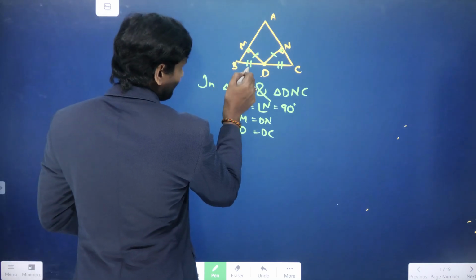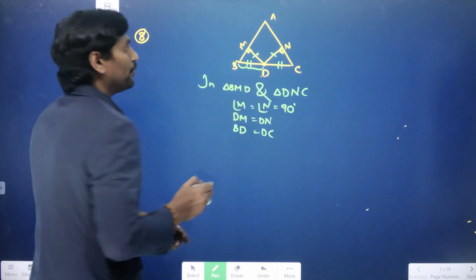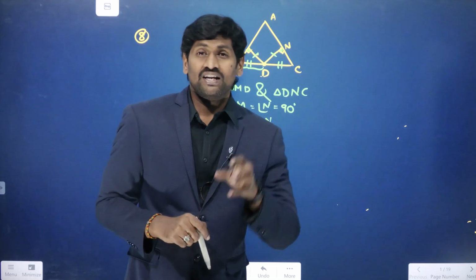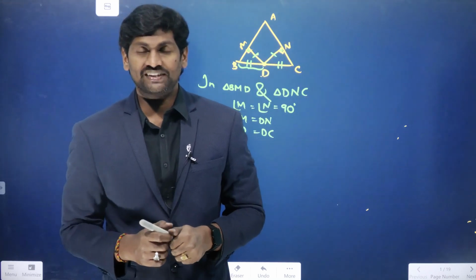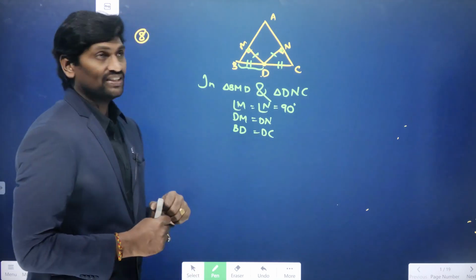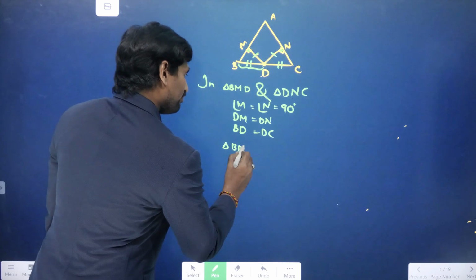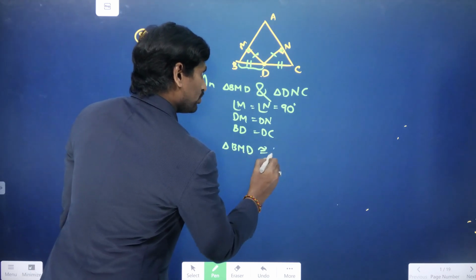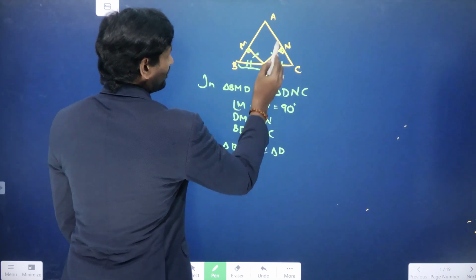Right angle, hypotenuse and one of the sides. This BD will be the hypotenuse, because the hypotenuse is always opposite to the right angle, nothing but the largest side in the right angle triangle. So from this we can say that these two triangles are congruent. That means triangle BMD is congruent to triangle CND.